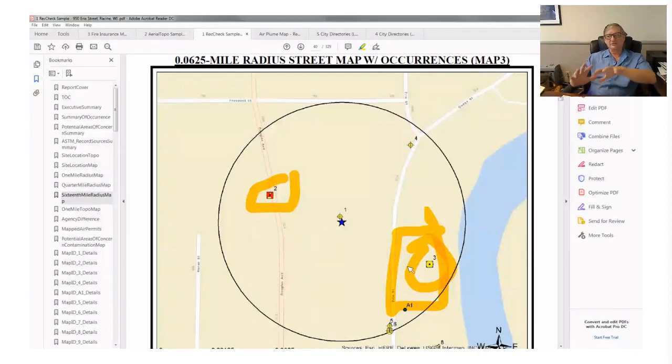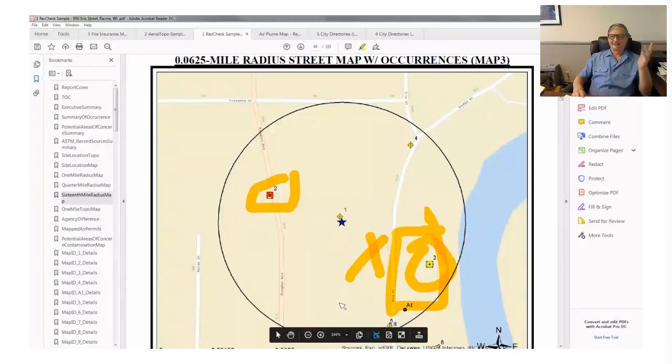Volatile organic chemicals rise in the vapor column or in the pore space of the soil, would go up, hit this road, and go right onto our site right here. That's vapor intrusion, guys. So now we got to see what this plating company used and how long they were on the site, right?